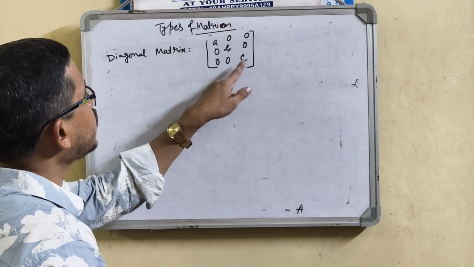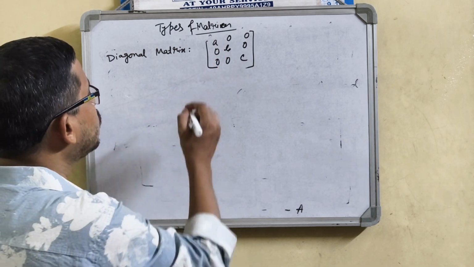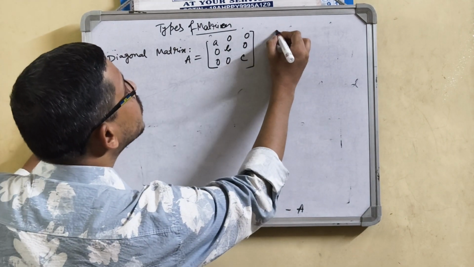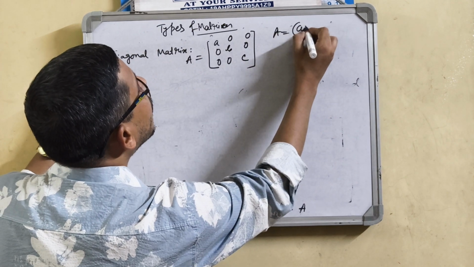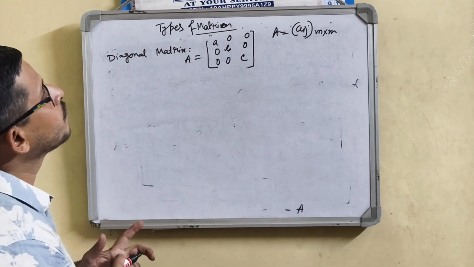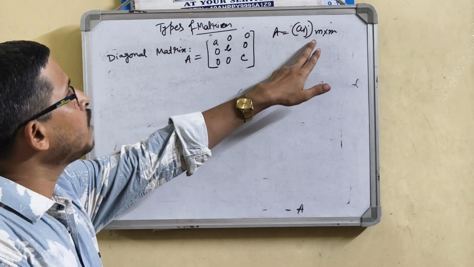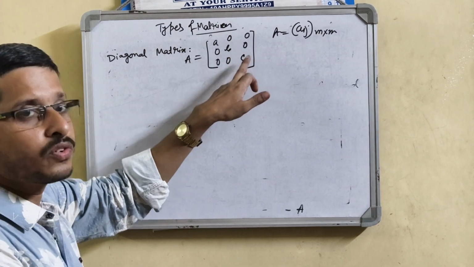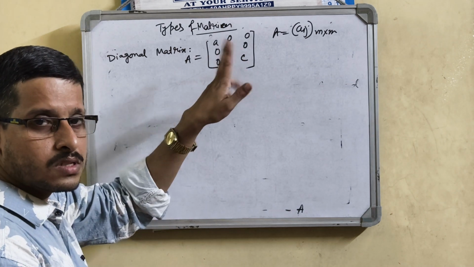This is the diagonal member. If A is equal to Aij of m by m order, then A is a diagonal matrix if all the diagonal numbers are there and all the off diagonal numbers are 0.